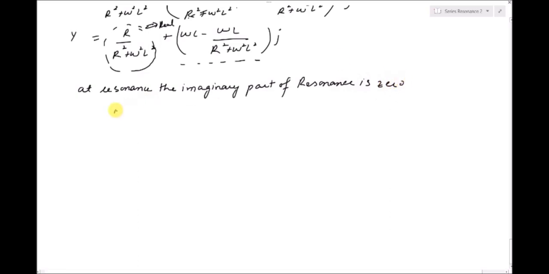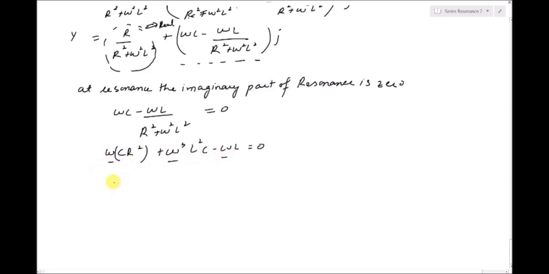So I will make omega C minus omega L over R square plus omega square L square equal to 0. And after simplifying, taking omega common from all the terms, it will become omega R square C plus omega square L square C minus L equal to 0.